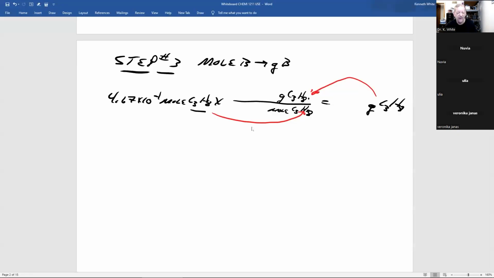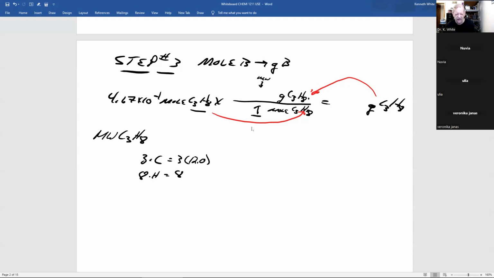So for every 1 mole of C3H8, I'll need the molecular weight of C3H8. And the molecular weight of any compound is the sum of all atomic weights. There's 3 carbon and 8 hydrogen. Each carbon is 12.0 atomic weight.